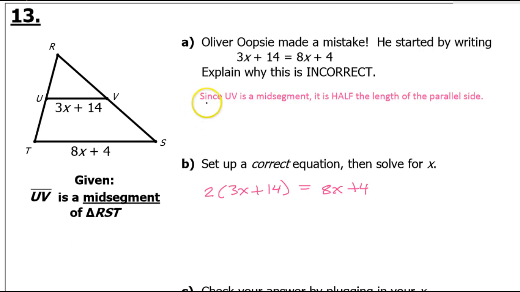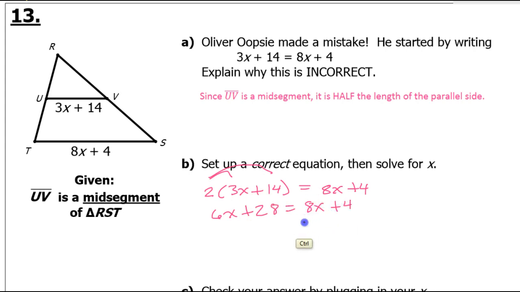All right, so here I've gone ahead and written out that sentence. Since segment UV is a mid-segment it is half the length of the parallel side. Okay, so now we can go ahead and solve for x. A little distributive property here gives us 6x plus 28 is equal to 8x plus 4.